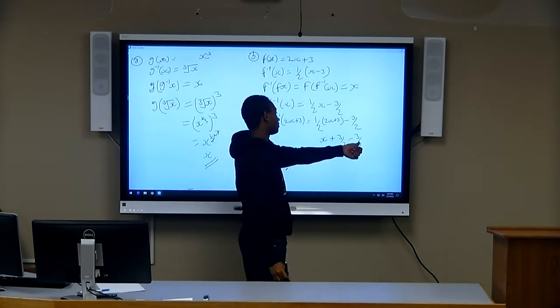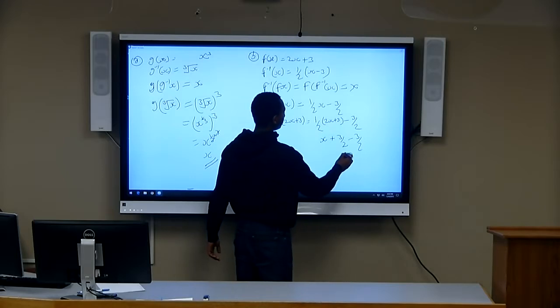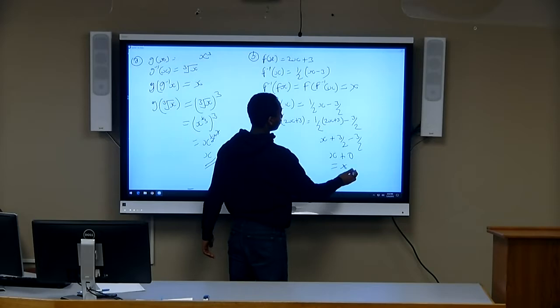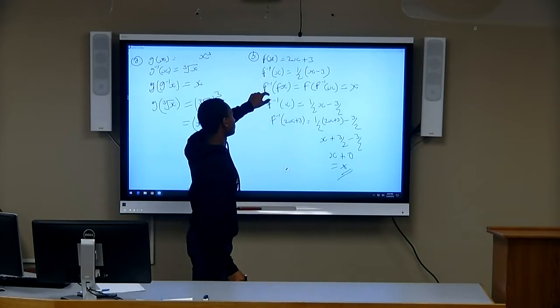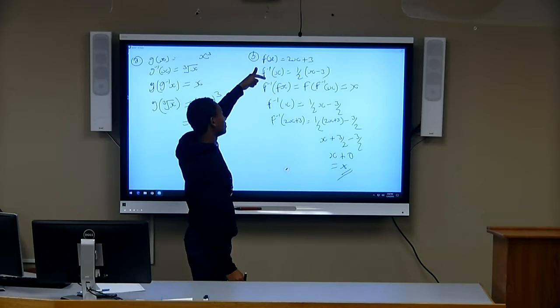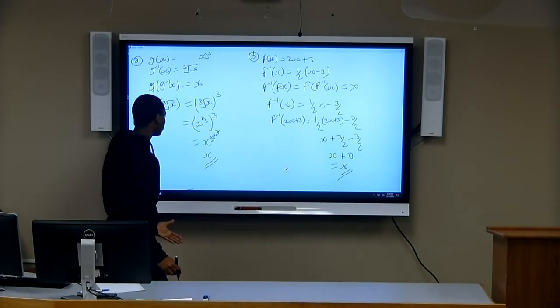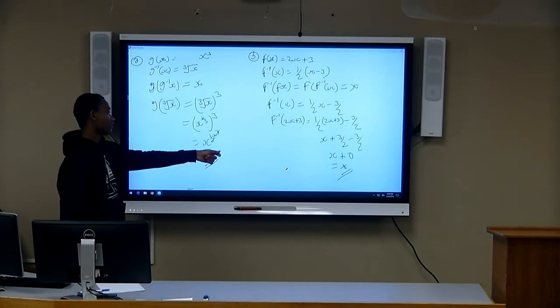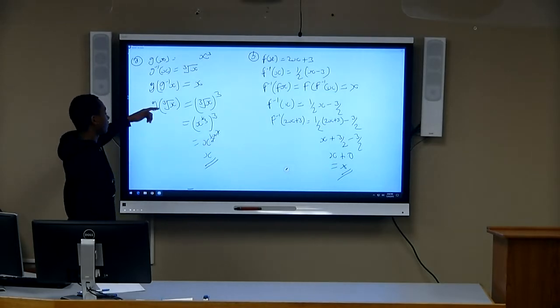Plus 3 over 2 minus 3 over 2 is the same as 0. It's going to be x plus 0, which is equal to x. So this is equal to x. Therefore, it is right. This is the inverse of this. So this is how you verify. We get exactly x. So we verified those two.